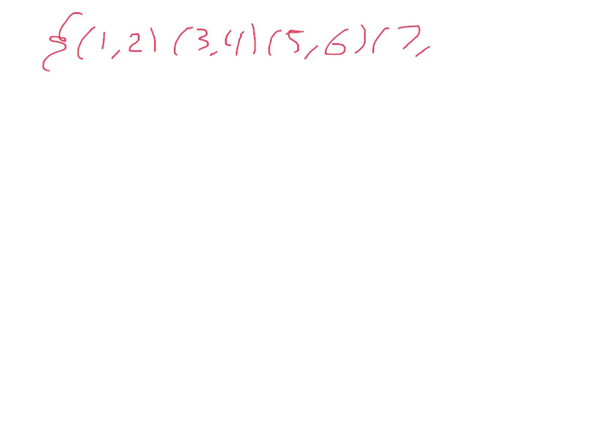So let's take a look at this again. Here was my relation: (1, 2), (3, 4), (5, 6), (7, 8). And we have what's called the domain.